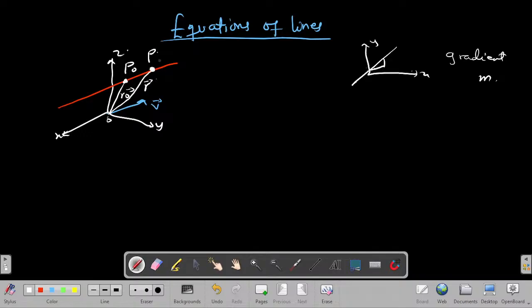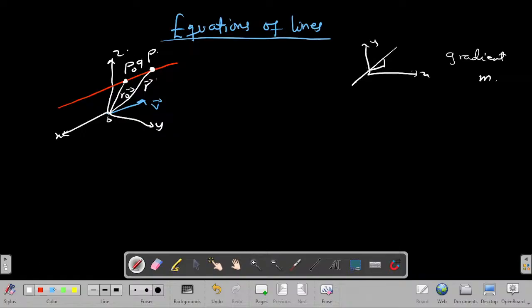Now we have P naught and P, these two points. The vector connecting P naught and P is exactly parallel to my known vector, but I can randomly say that it is represented as, let's say, a.